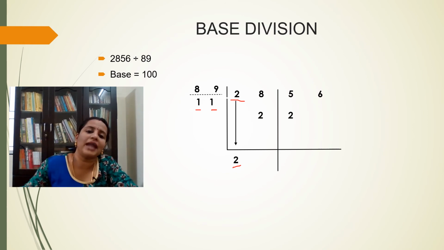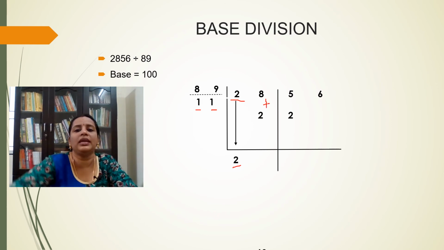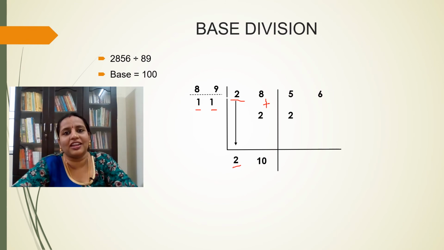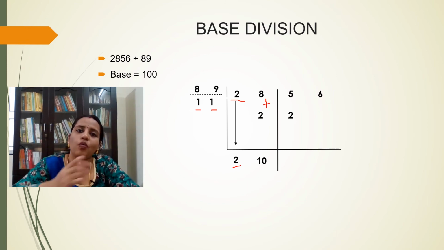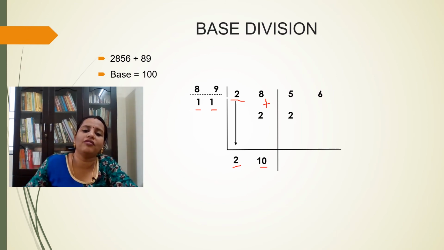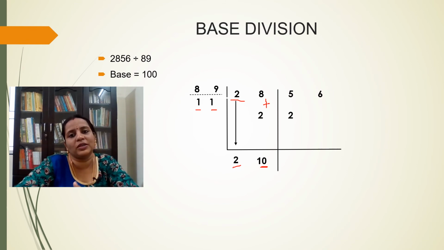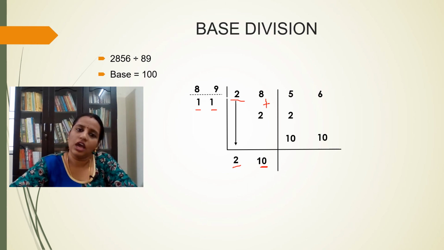I have to add this 8 and 2. Adding 8 and 2 will give me 10. Now I have to multiply this 10 with the Nikhilam numbers. So 10 into 1 will give me 10 and again 10 into 1 will give me 10, which will be taken to the next succeeding places. Okay, now I have taken them to the next succeeding places.